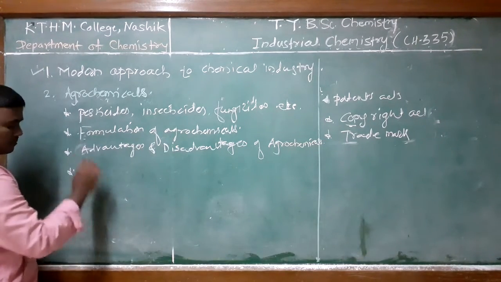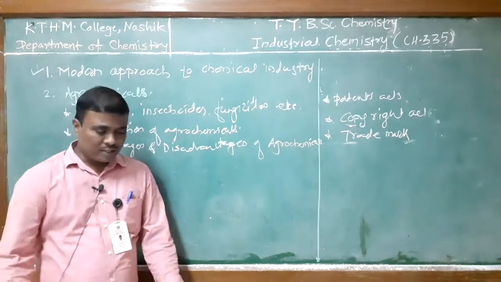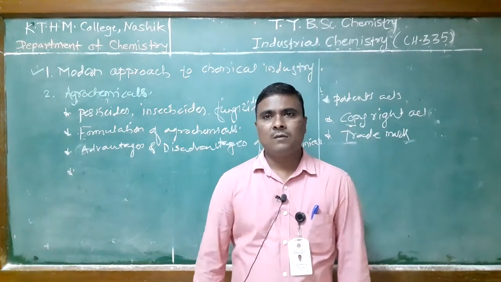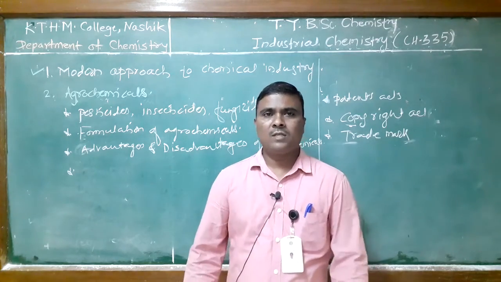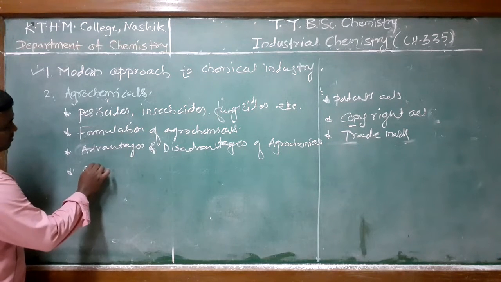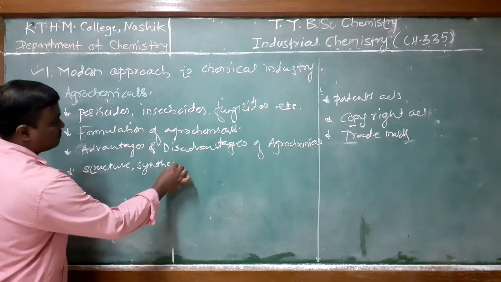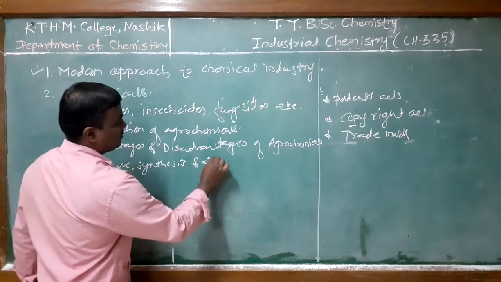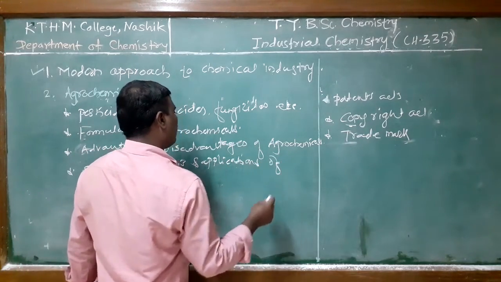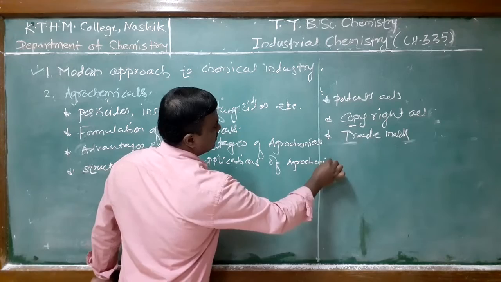In addition to this, we will see some representative examples. In that one we will discuss the structures, synthesis and applications of some of the pesticides. For example, structure, synthesis and applications of representative agrochemicals.